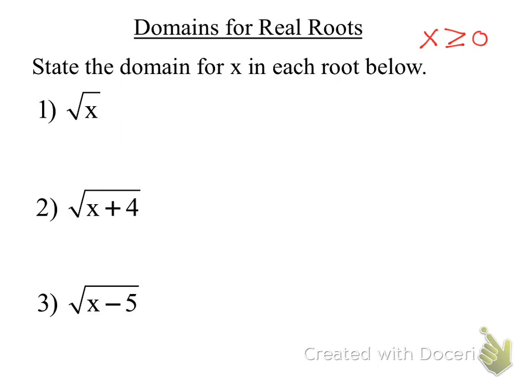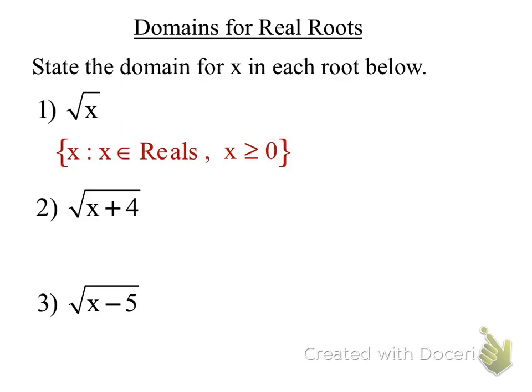So in this first one, it's pretty easy. We say x is an element, because when it says state the domain, it's saying what is x allowed to be. It's not asking for restrictions. It's not asking for exclusions. It's what is x allowed to be. It can be an element of the reals, and specifically, it has to be greater than or equal to 0, because it can't have a negative under the radical, right?